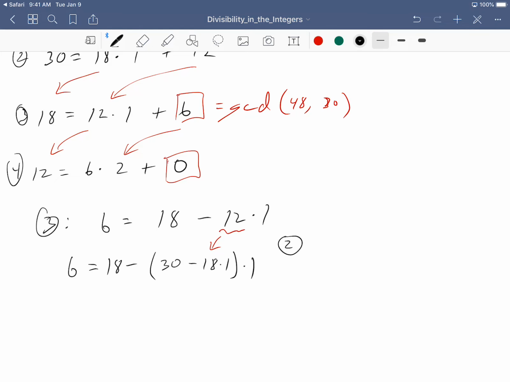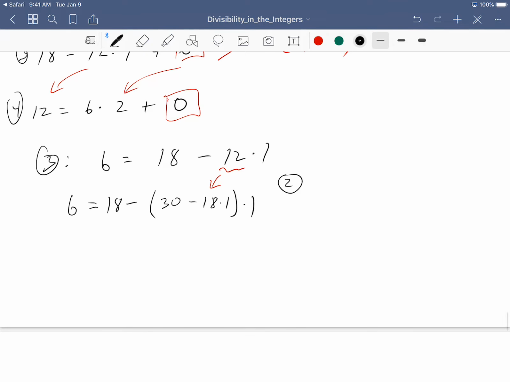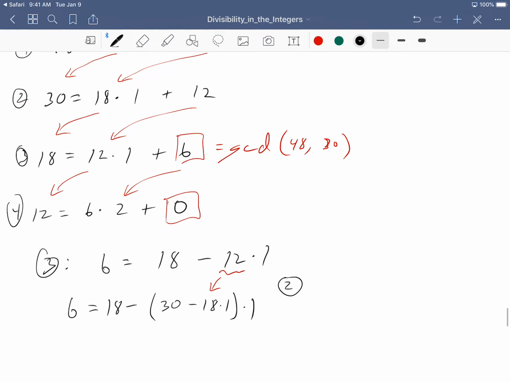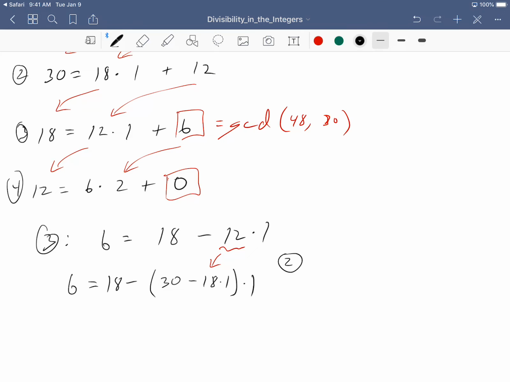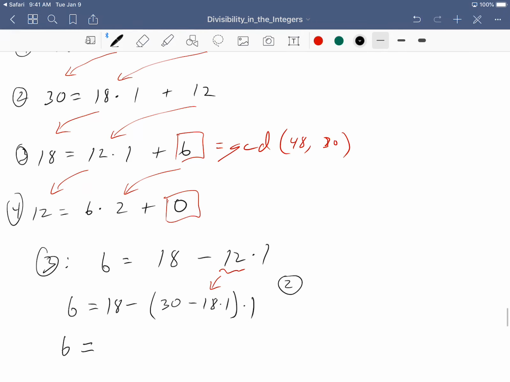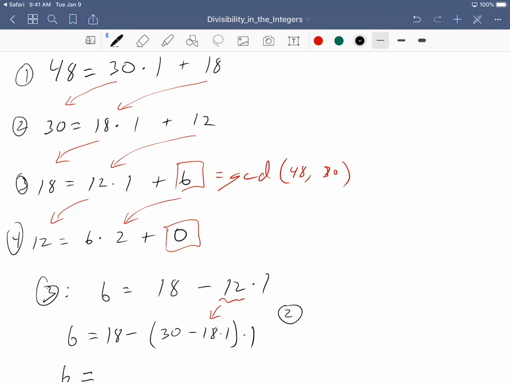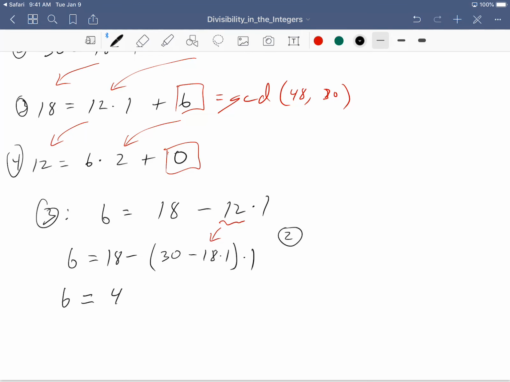Now I'm going to replace that 18 in the same way using equation 1. So I can replace my 18 with, let's see, what's equation 1? With 48 minus 30. Then I have another minus 30, and I have a plus 18, and 18 was 48 minus 30.